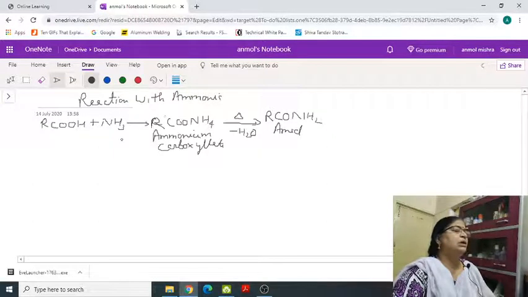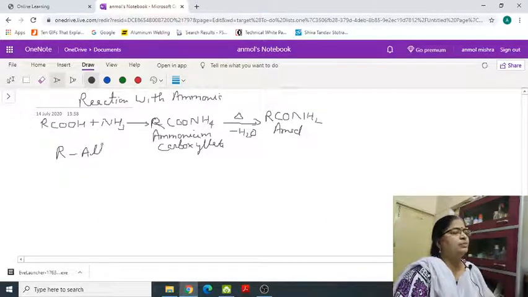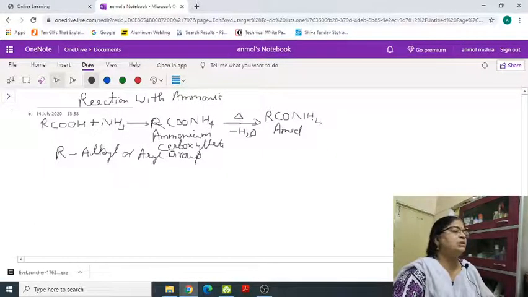Here R may be an alkyl group or aryl group, meaning R may be CH3 or C6H5.